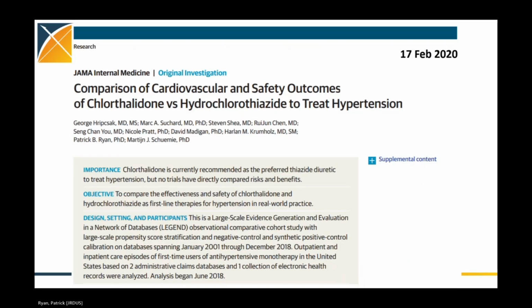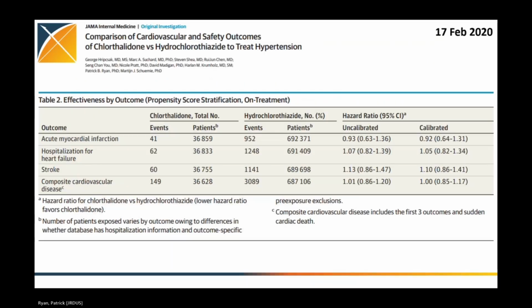In this paper, which we published in JAMA Internal Medicine, what we observed was that for chlorthalidone versus hydrochlorothiazide, there was no difference in effectiveness, even though the guideline said chlorthalidone is probably better. We did not see a difference in any of the markers of myocardial infarction, heart failure, stroke, or composite cardiovascular disease.